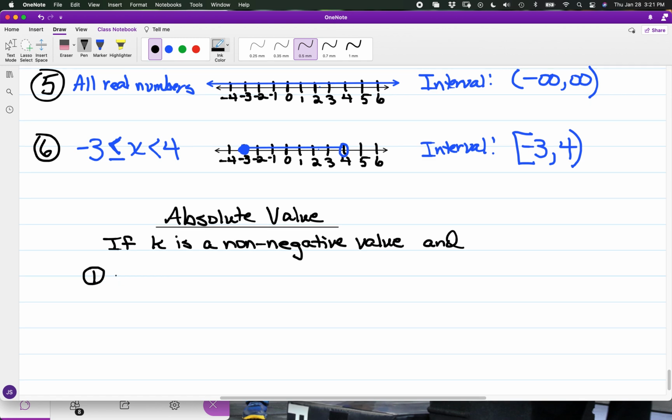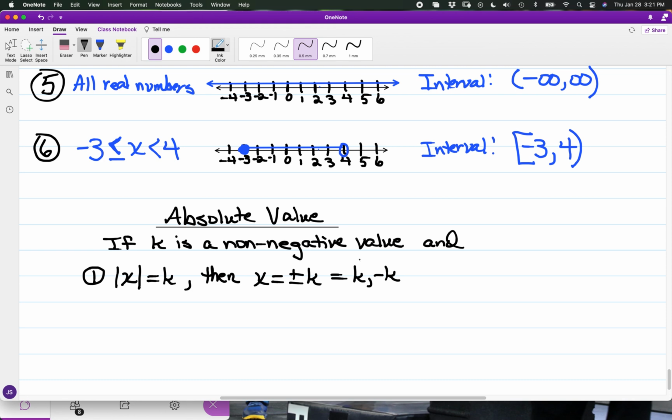If we have that the absolute value of x is equal to k, then x is equal to plus or minus k. So we have two specific values with k and negative k.